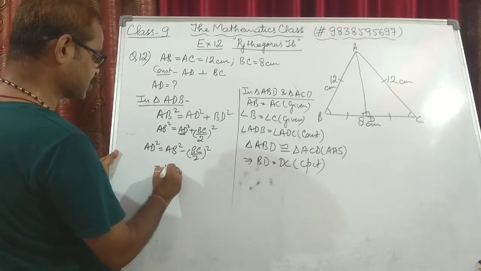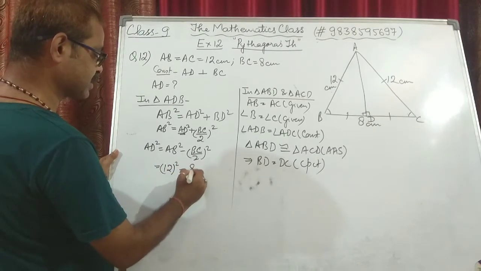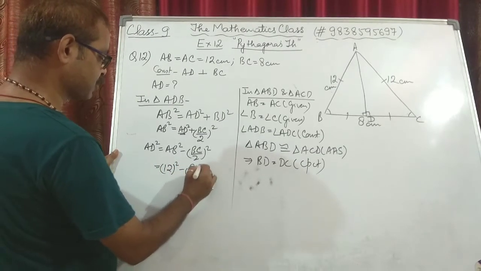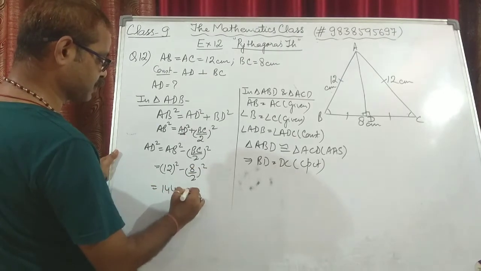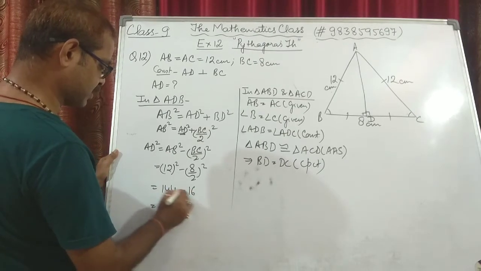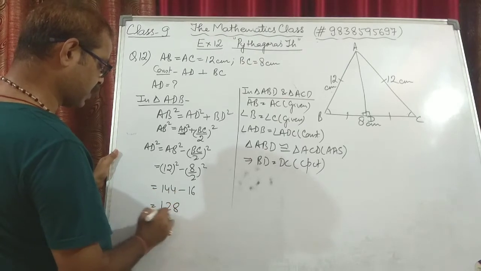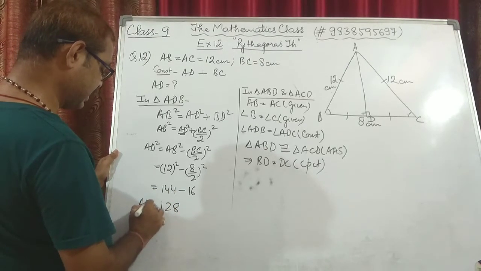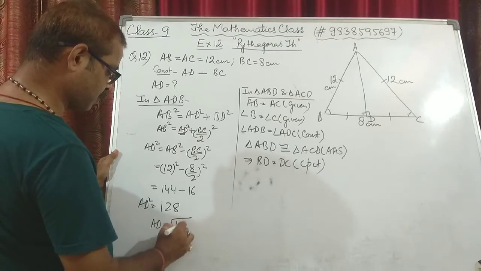Now AB is how much? 12. So 12 square minus BC is 8, upon 2 and its square. 12 square is 144, minus 8 upon 2 is 4, 4 square is 16. So 144 minus 16 is 128, which is AD square. So AD will be under root 128.